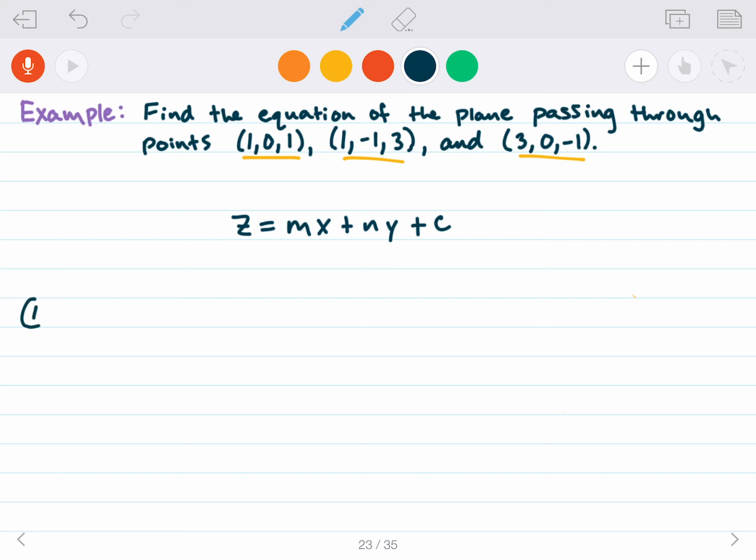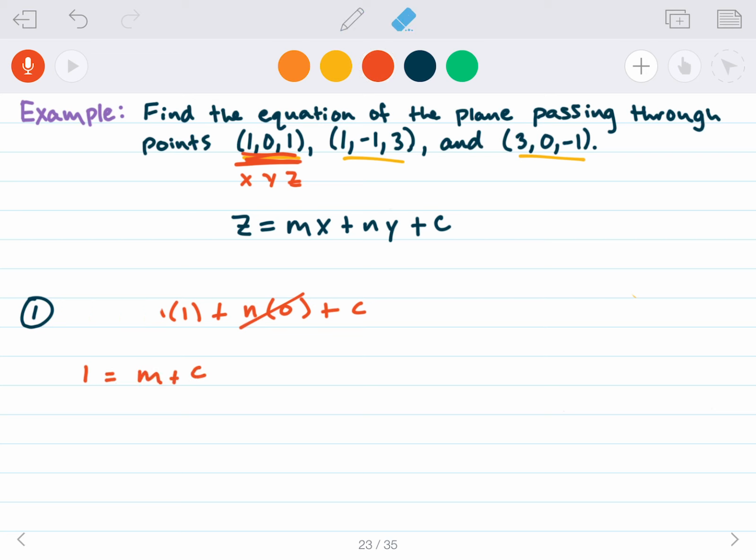So the first equation has x is 1, y is 0, and z is 1. I'm just going to sub those into this equation. So we have 1 for z equals m times 1 for x plus n times 0 for y plus c. And so this clears to 0, and this just becomes 1 equals m plus c.